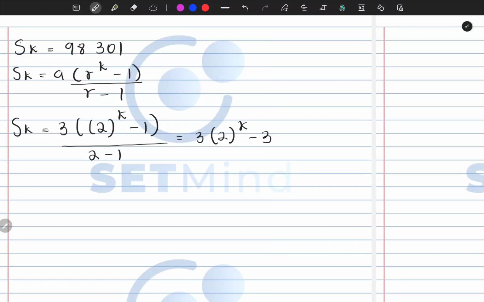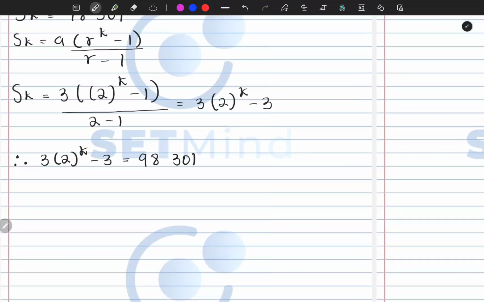So remember, we are trying to solve for k here. So therefore, what I can now do is I can have 3 into 2 to the k minus 3 equals that there, which is 98,301. Remember, we are trying to solve for k, so we are going to transpose.